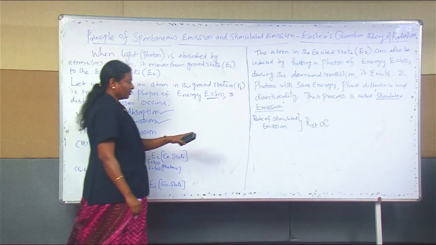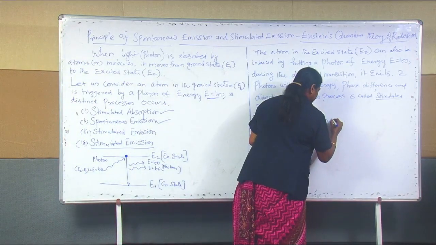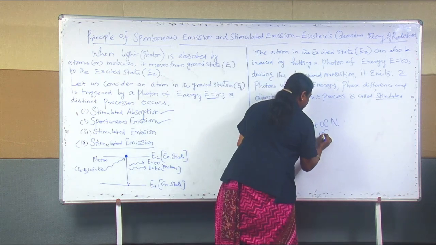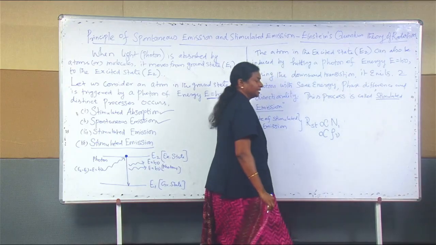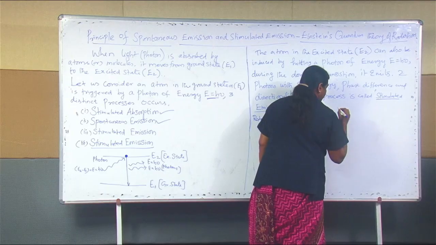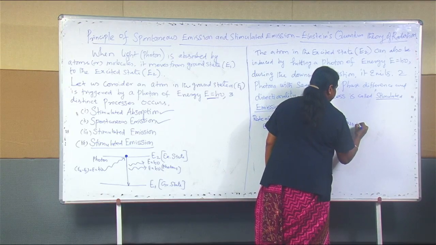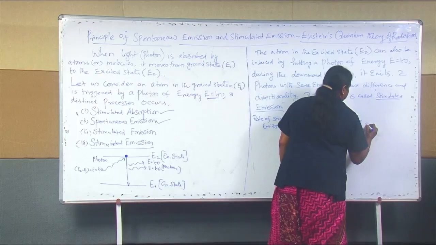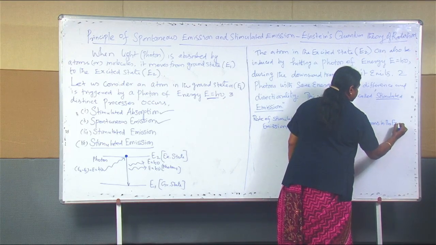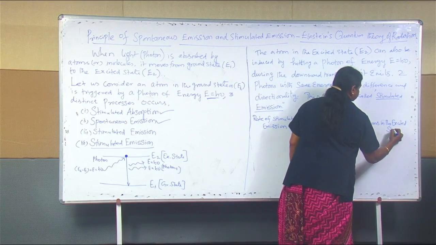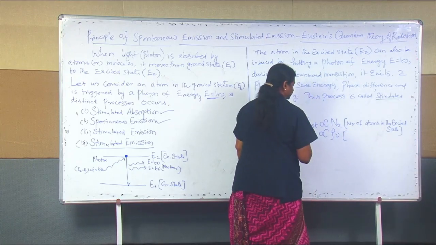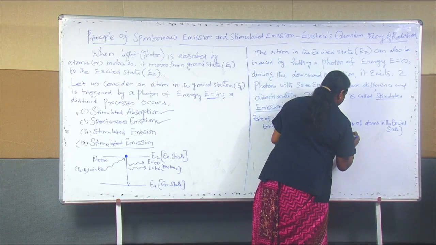Directly proportional to N2, and secondly, it is directly proportional to rho nu, energy density. So, sorry, here N2 into rho nu, that is the number of atoms in the excited state, and rho nu, energy density.